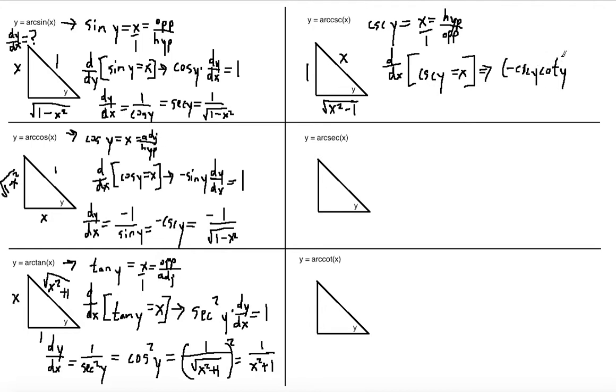Just write down what that derivative is equal to, and then we have times the dy dx, and all of that will equal 1. So our derivative is going to be the same thing as negative 1 all over the cosecant of y times the cotangent of y.